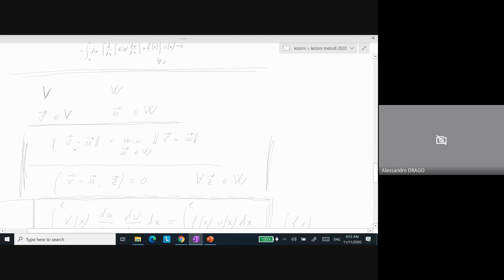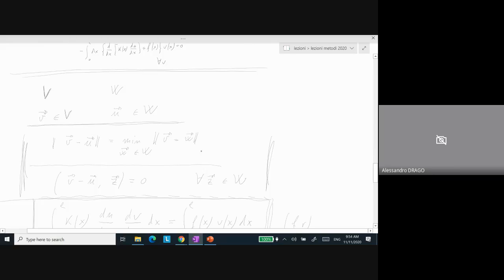I was calling the original vector V here. The distance between V and U is the approximation, okay? U is the best approximation to V if it is the minimum of this distance.